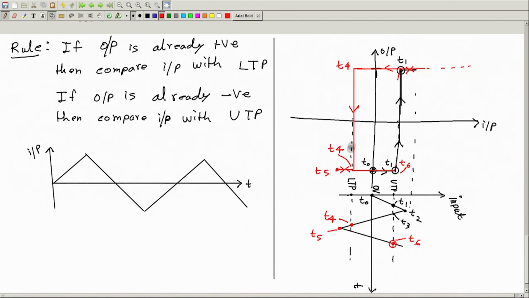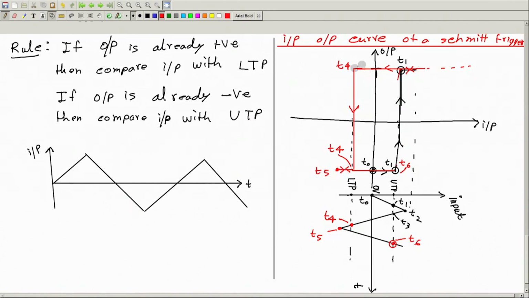Okay, so this is how the input output characteristic of a Schmitt trigger looks like. Input output curve characteristic, whatever you call, graph of a Schmitt trigger. Schmitt trigger, I never remember this spelling correctly. Okay, and you see this looks like a hysteresis band.